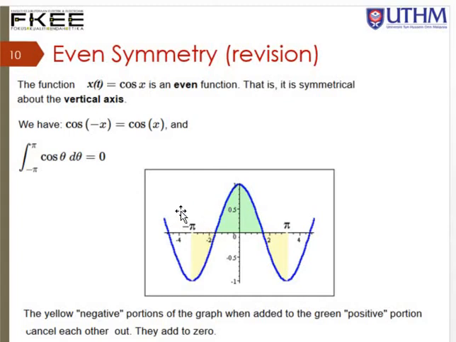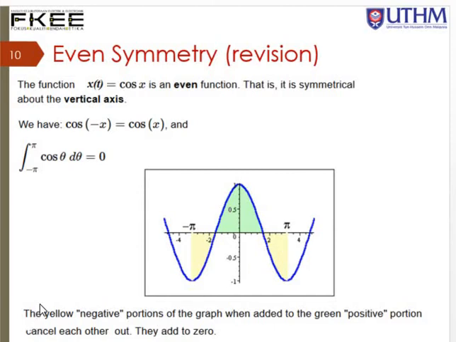If you sum up these signals, what is happening? If you look at here, it goes from here to here. If you sum this up, the green part and the yellow part actually cancel out. When they cancel out, it means that it's nothing, it's 0.